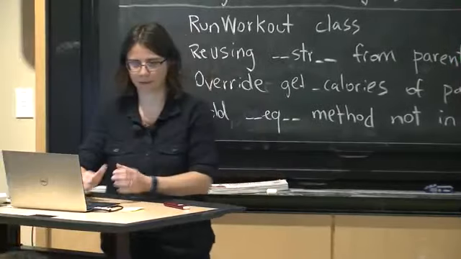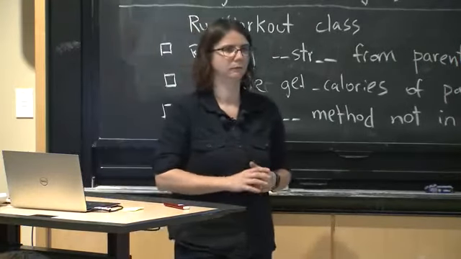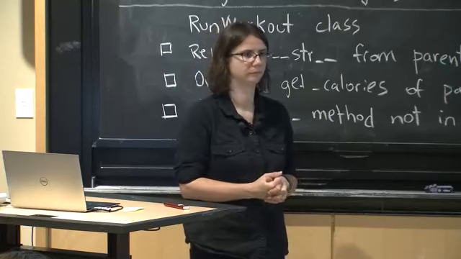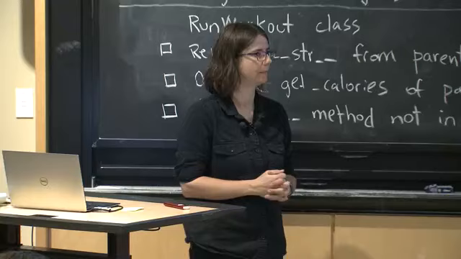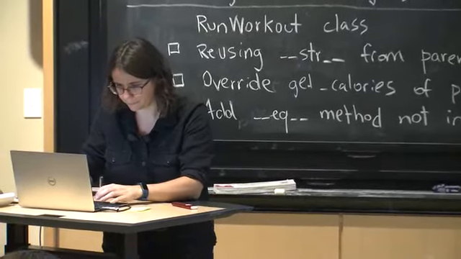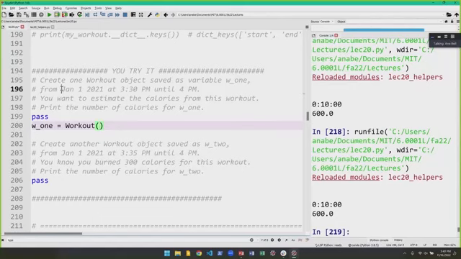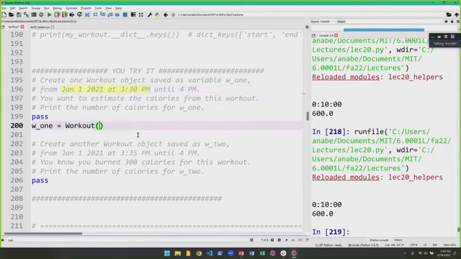All right, how do we create these 2 objects? What's w_1 equal to? Yep, the start date would be first. So I can just, as a string, perfect.